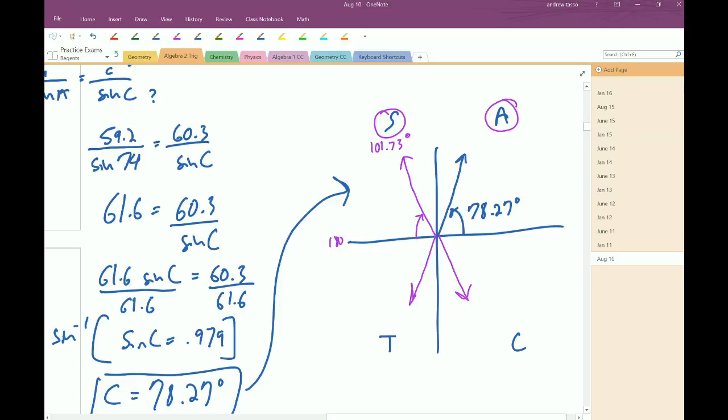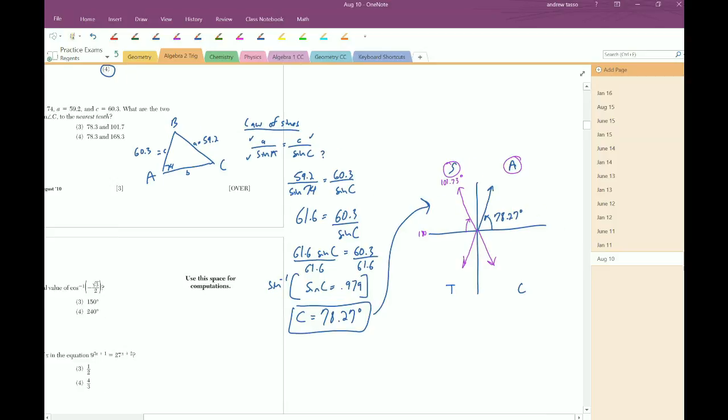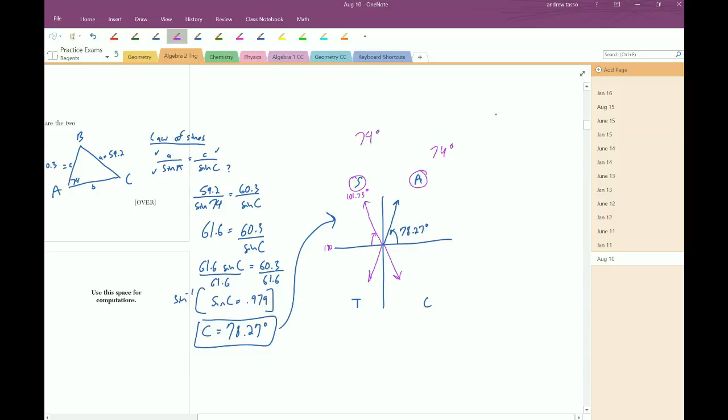And the way to check that is to see if you have enough room with the other provided angle, which was 74 degrees. So certainly we have enough room in that first triangle, right? So our first triangle here would be 74, and then over here we'd have 78.27. That's perfectly fine. And then the second possible triangle here, we'd have again 74, and this time we'd have 101.73.